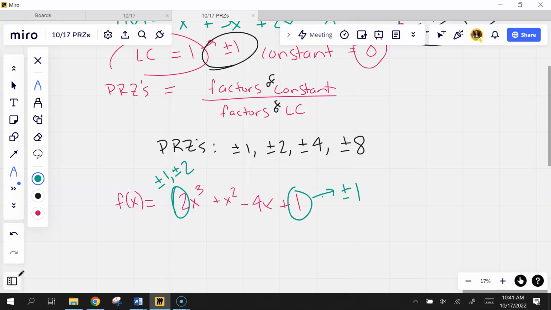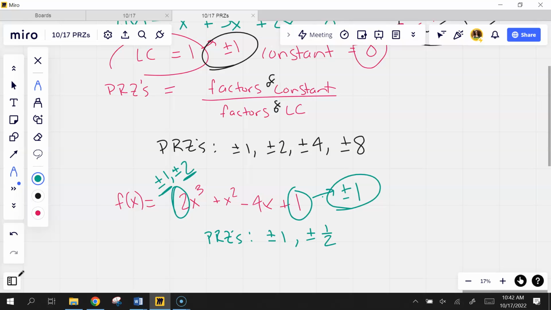So my PRZs are going to be, here's where y'all are not going to be happy. All of these divided by 1. All of these, which just happens to be 1, divided by now 2.